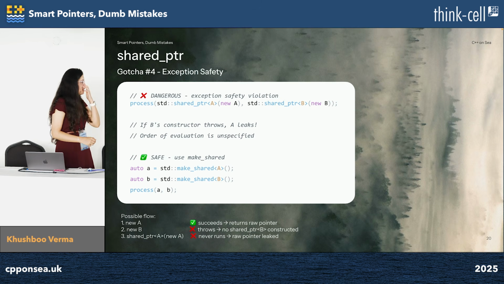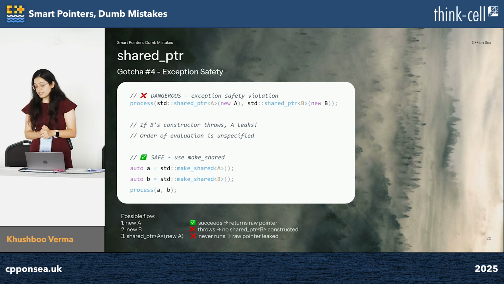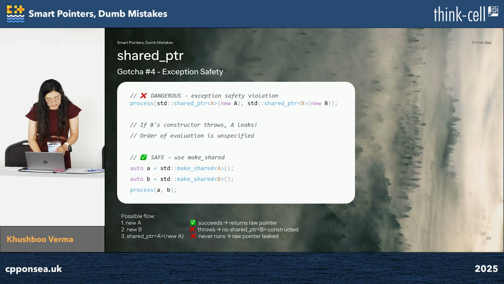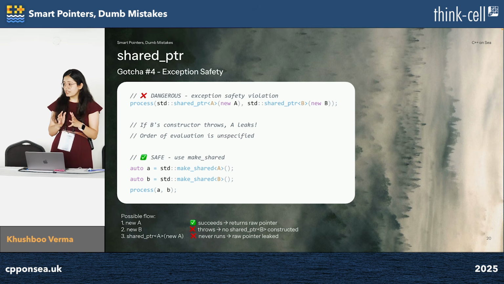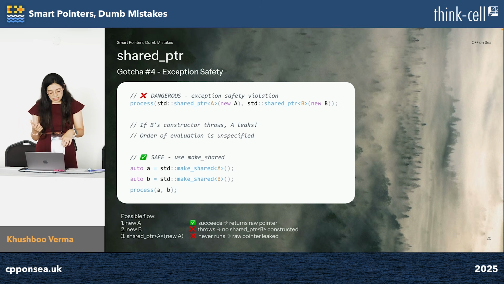Now, another gotcha with shared pointers is exception safety. This is a subtle but critical exception safety issue that could happen. Here, I'm creating a process where I'm initializing a shared pointer with new A inside it, and again a shared pointer with new B. The evaluation could happen in any order, but what it will try to do is new A, new B, and then create the shared pointers using those.